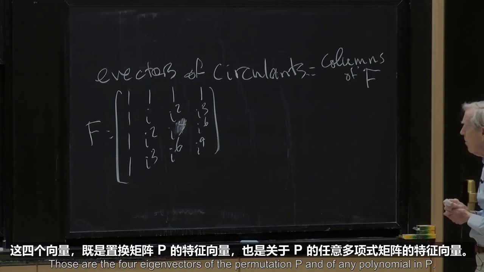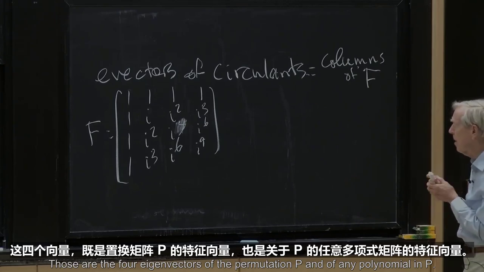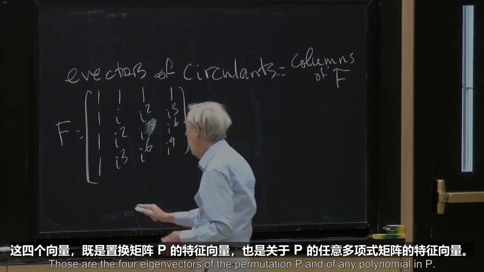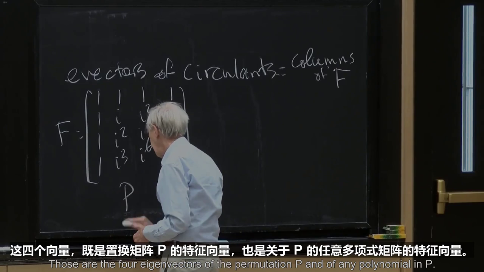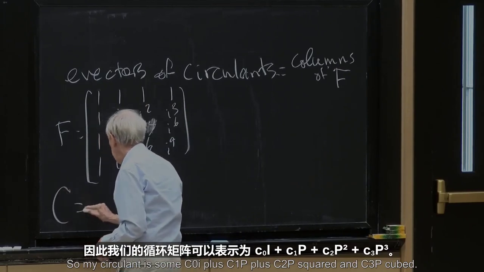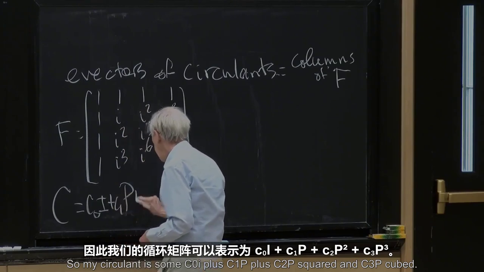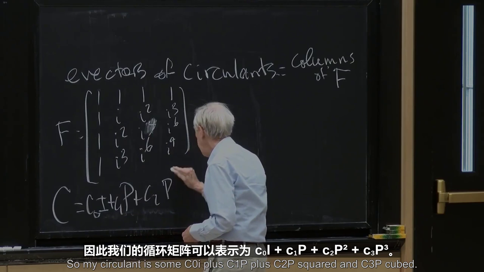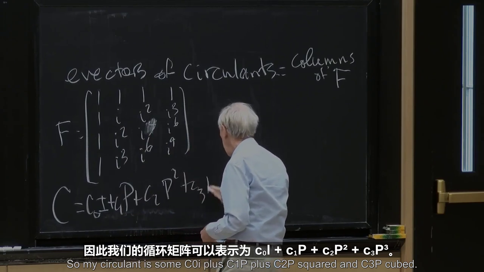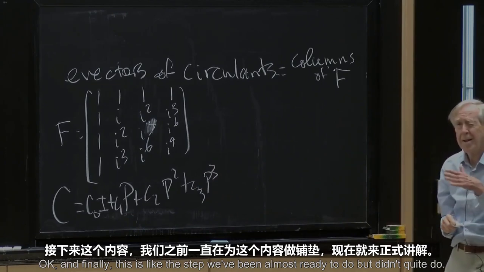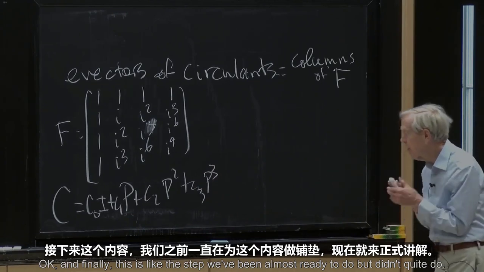Those are the 4 eigenvectors of the permutation P and of any polynomial in P. So my circulant is some c0 I plus c1 P plus c2 P squared and c3 P cubed. Okay. And finally, this is the step we've been almost ready to do but didn't quite do.